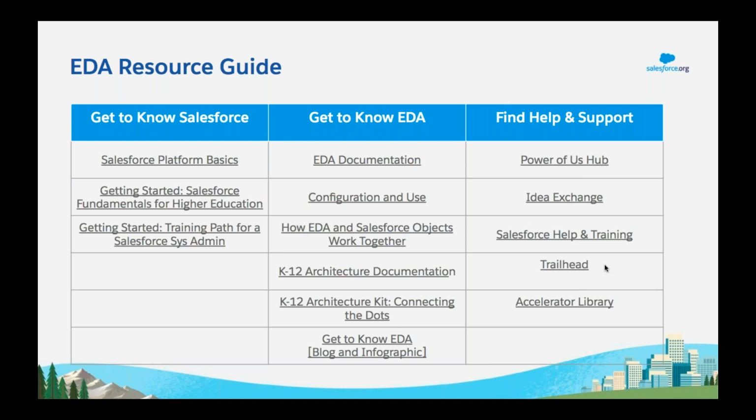There are some EDA modules there. Help and Training is just very basic how-tos, so when you're just learning how to set things up, you can check that out. The Idea Exchange is where, if you find something that's missing, or you think a feature might make sense, you can post that there and our product team does reference it. And then of course our Power of Us Hub is a really great resource to connect with other education customers, learn what they've been doing with EDA, and ask questions as you are getting ramped up. It's a really great place to be.